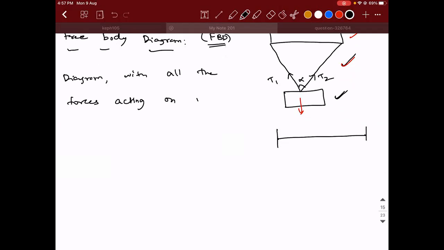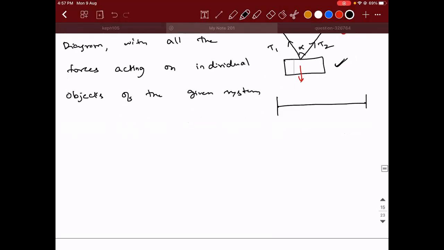Write down the definition, guys: a diagram with all the forces acting on individual objects of the given system, along with proper directions of the forces, is what we call a free body diagram. What exactly it is and how exactly to draw it, I'll explain tomorrow. Just write down the definition.